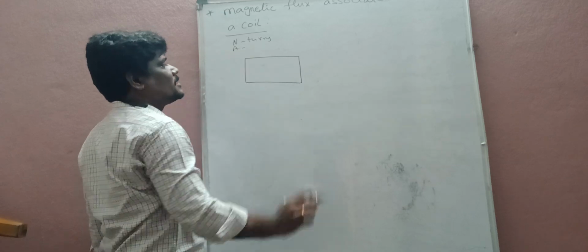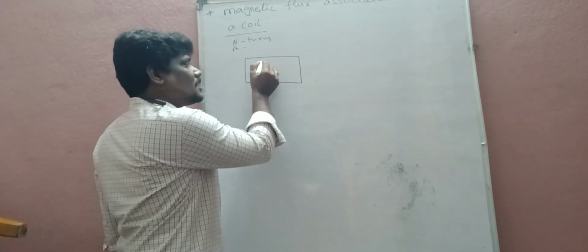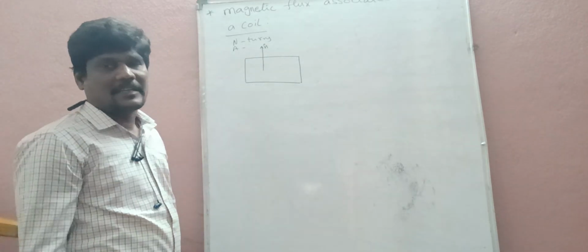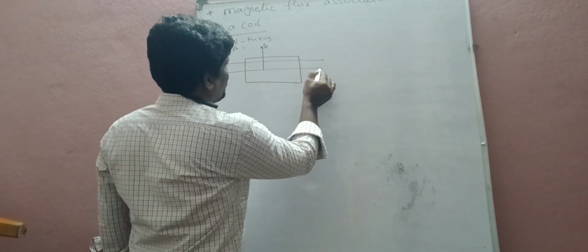Area of cross section of the coil is A. Here, this is the direction of the unit vector or area vector. Now, this is the direction of the magnetic field.